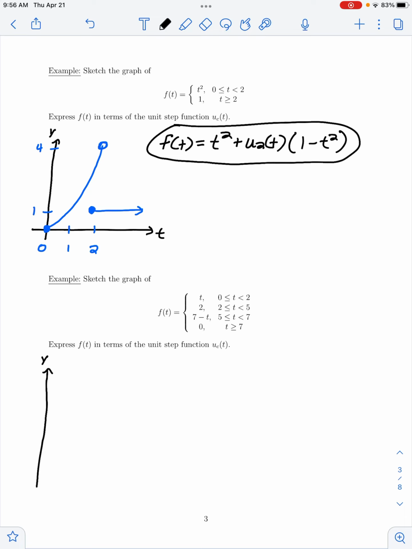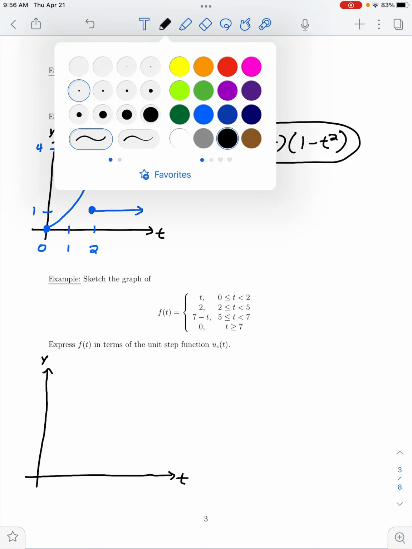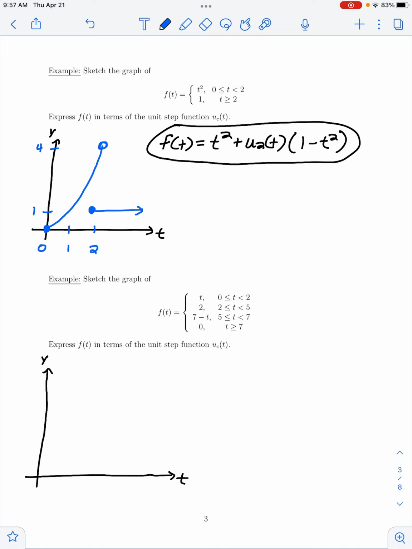Here in our ty plane, we have a function that is defined as t on the interval from 0 to 2. So starting at time 0, the value is 0.